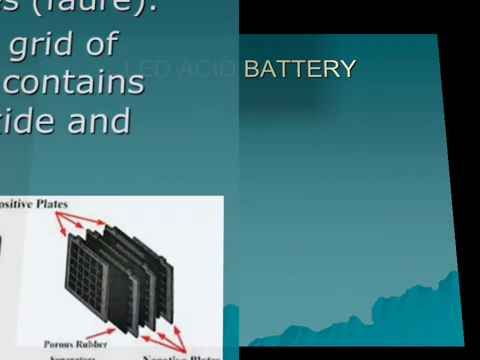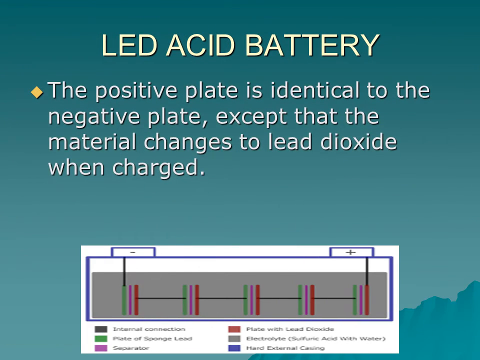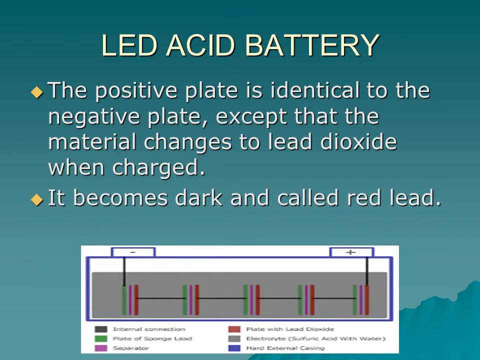The positive plate of this battery is identical to the negative plate, except that the material changes to lead dioxide when charged. It becomes dark and is called red lead. The plates have also got separators to guard against physical contact.